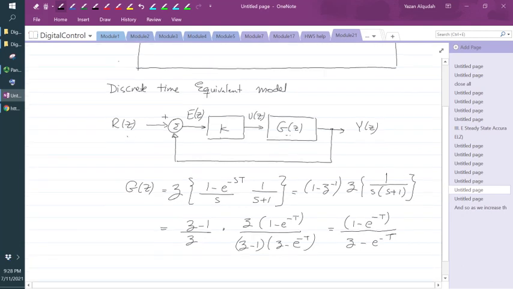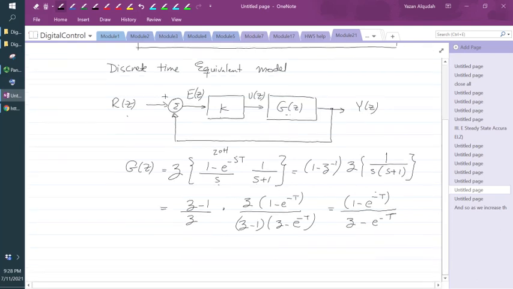G of z is going to equal the z transform of 1 minus e to the negative sT over s, which is the zero order hold, multiplied by G of s, which is 1 over s plus 1. 1 minus e to the negative sT is going to give me 1 minus z to the negative 1. And then I'm still going to have an s that multiplies s plus 1, so the z transform of 1 over s multiplied by s plus 1.